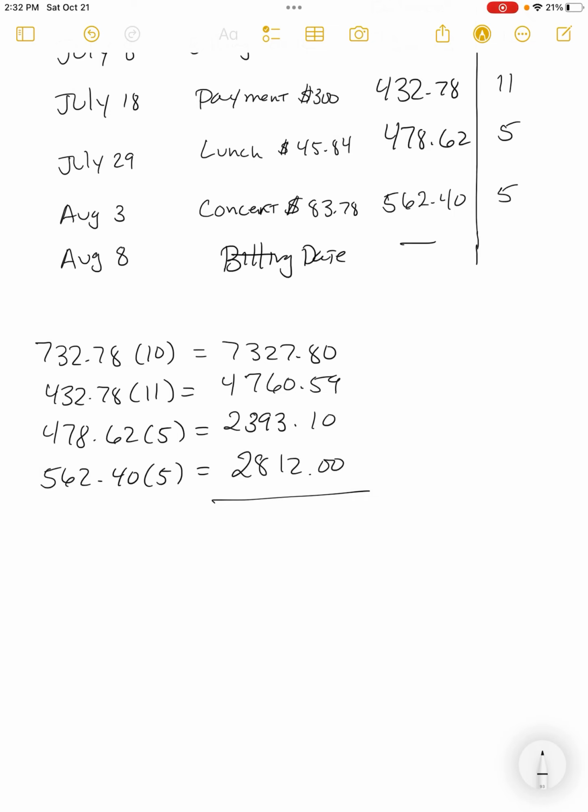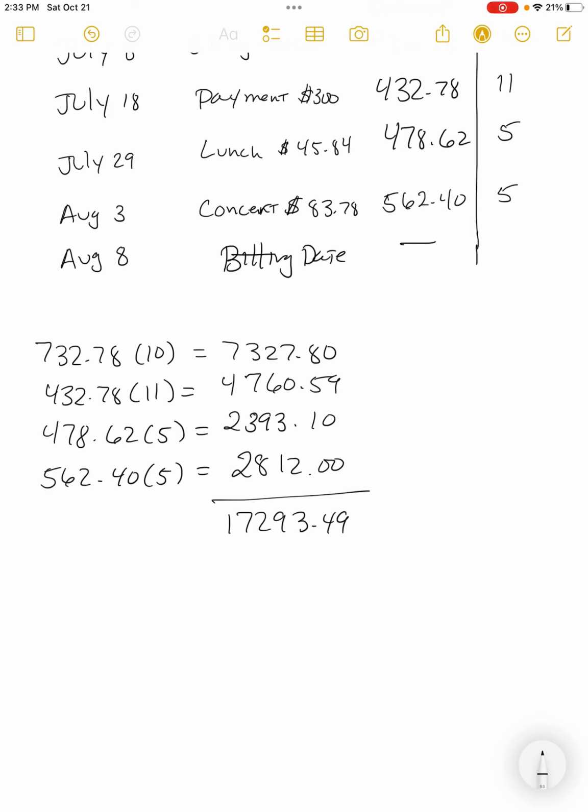So then I'm just going to check on my calculator, make sure I've entered them all correctly before I hit enter. And looks like I did. And I get a grand total of 17293.49. So again, I'm showing all this work so you can trace it.